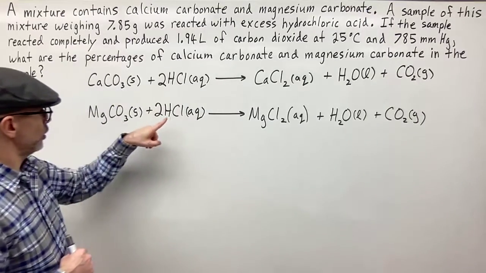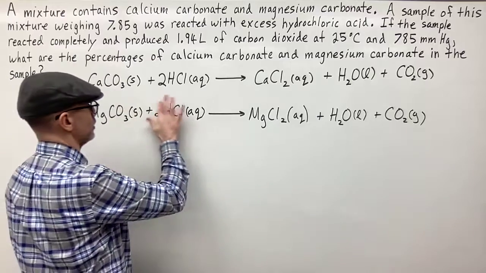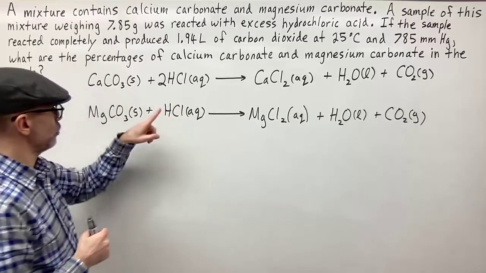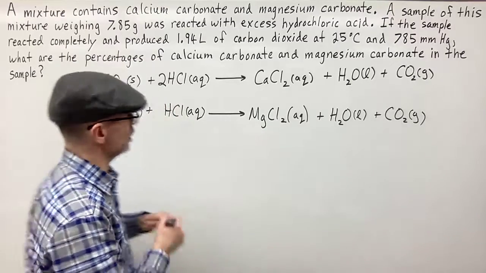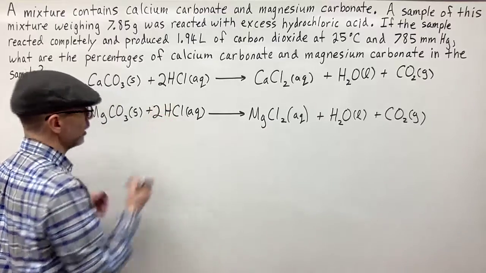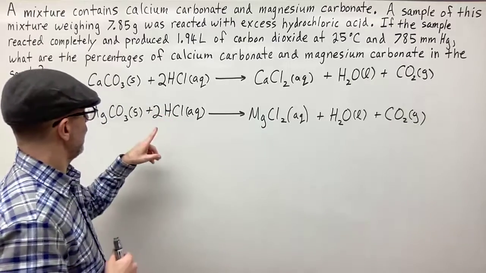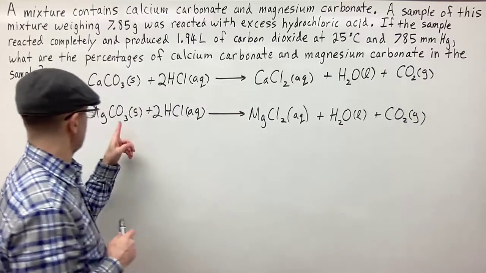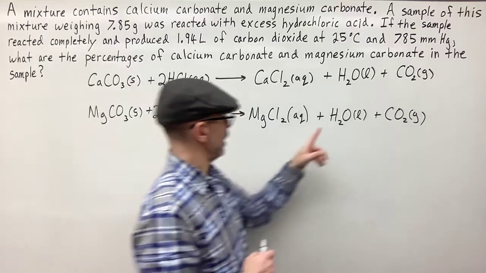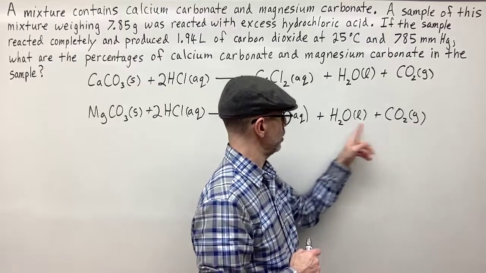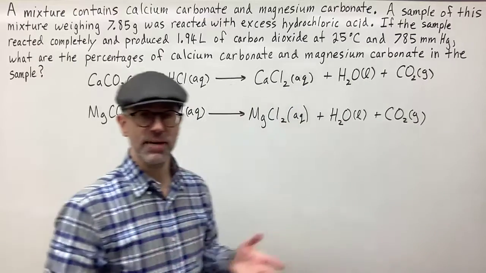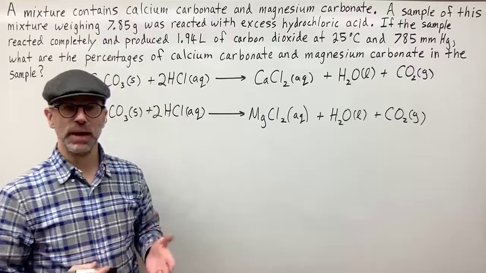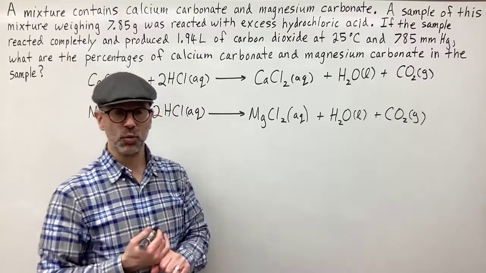I have 1 chlorine here, 2 chlorines there, but I do have to put the 2. So there it goes again. And then I have 2 hydrogens, and again I have 3 oxygens, and I have 1 and 2, that's 3. So now I have both equations balanced. So that's step number 1.